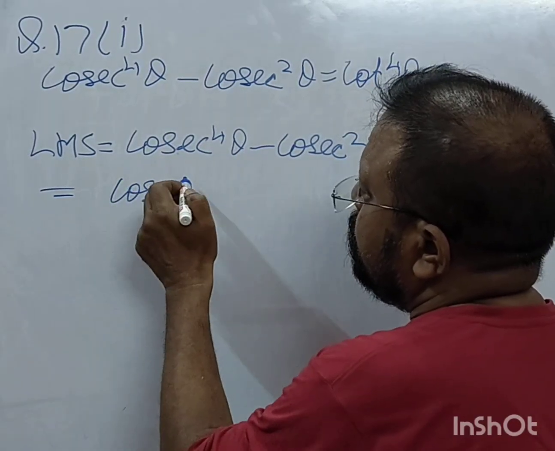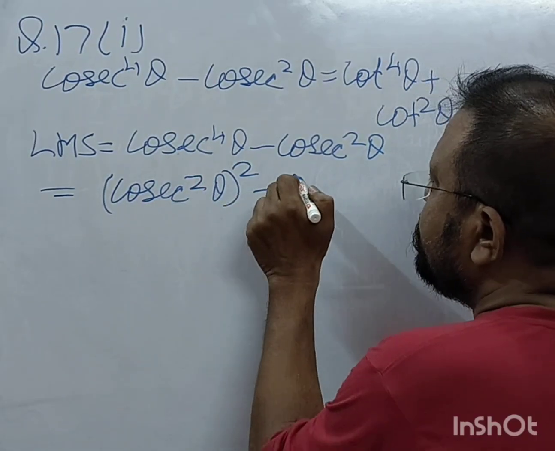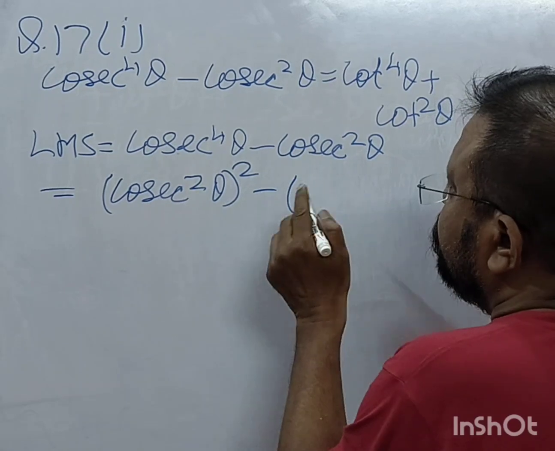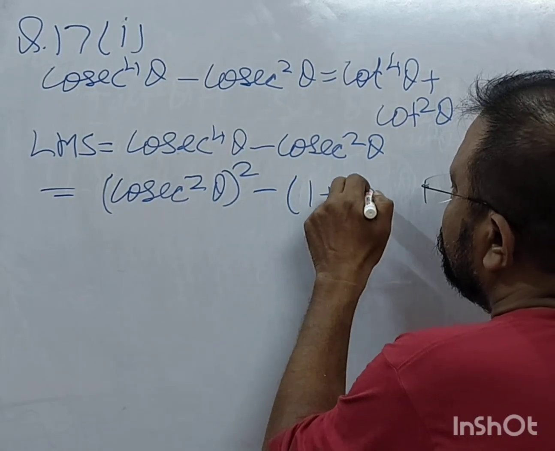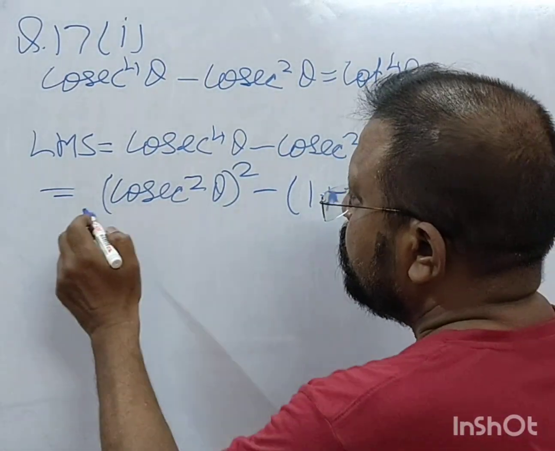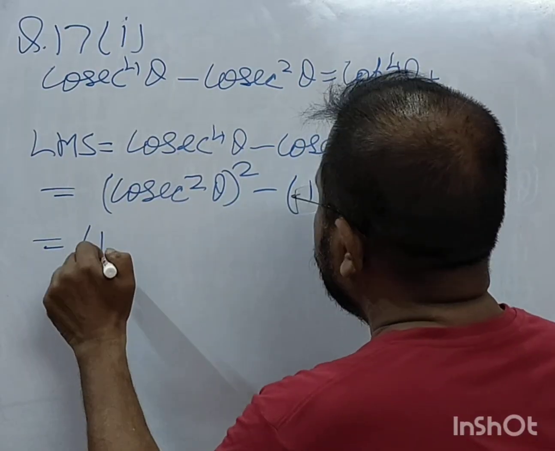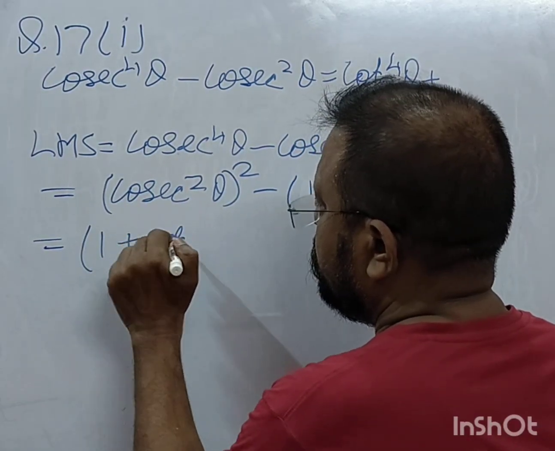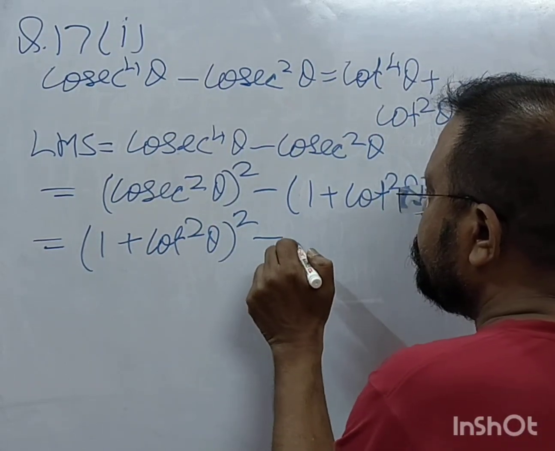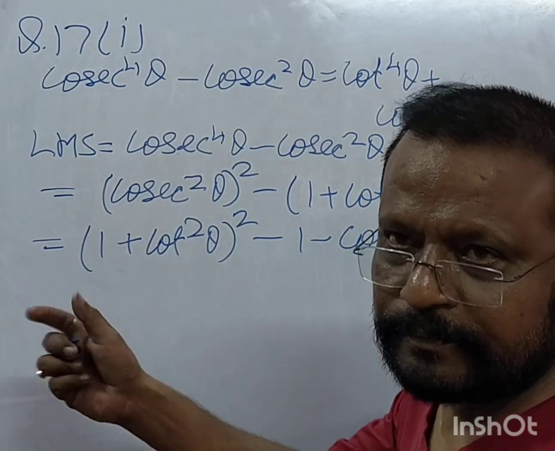(Cosec square theta) whole square minus (1 plus cot square theta), right? So this is what you get: (1 plus cot square theta) whole square minus 1 minus cot square theta, right?